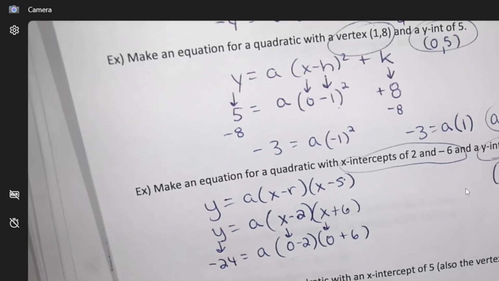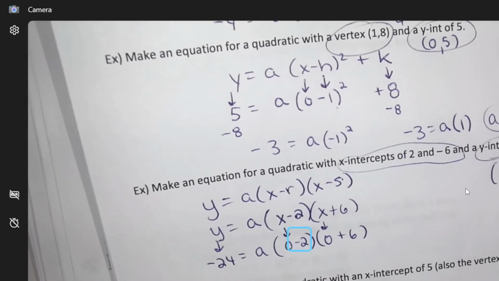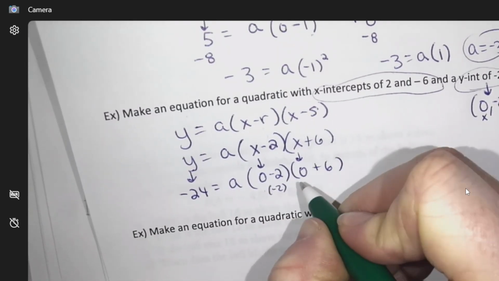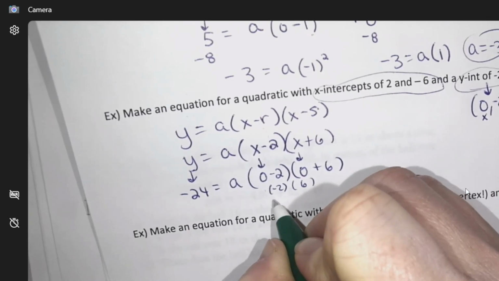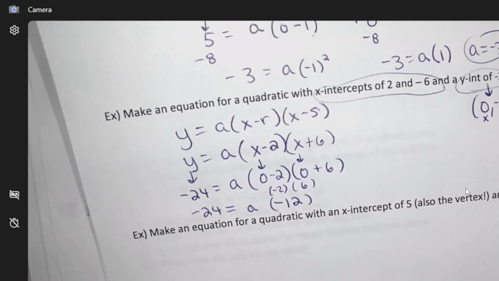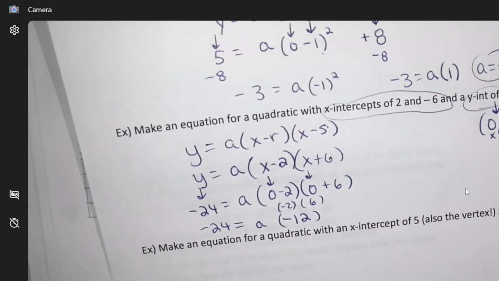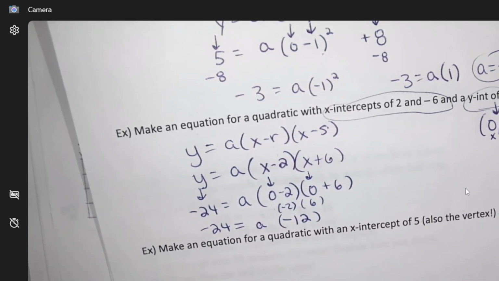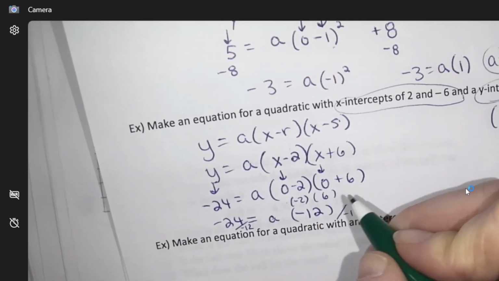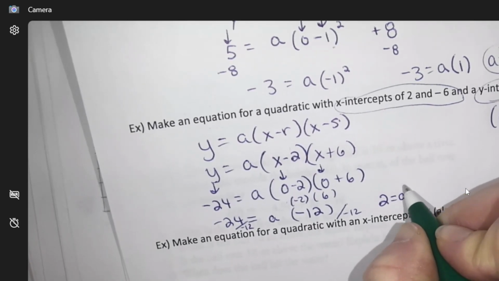Okay, so now just algebra here. So what is negative 2 times 6? So that would be negative 12. I'm going to divide, and I get 2.